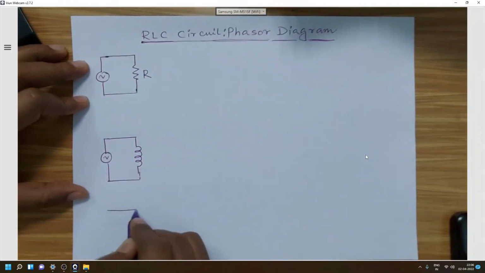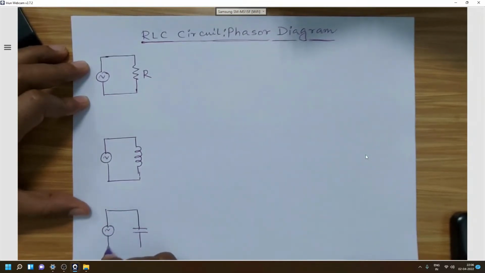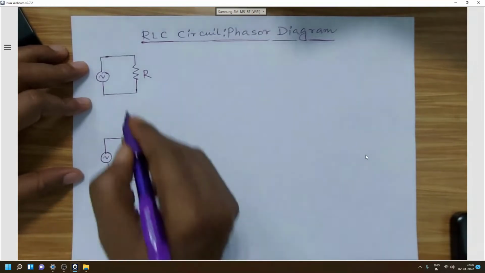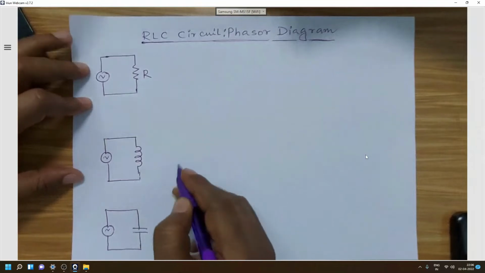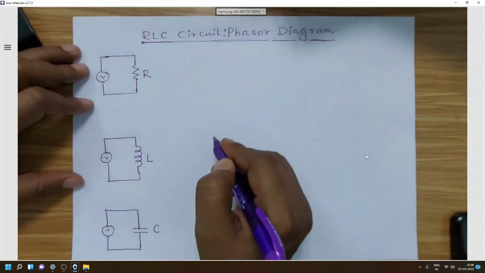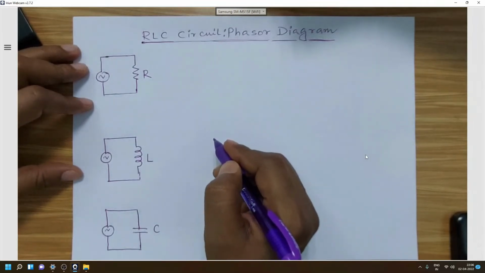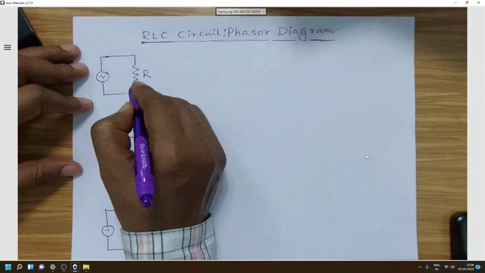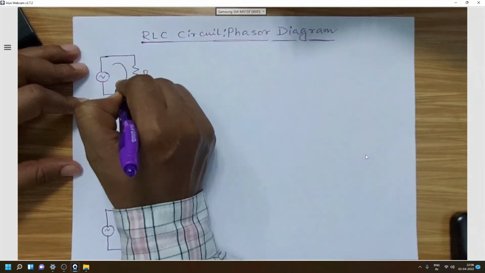And at last we will also consider one circuit where pure capacitance will be there, so there will be no resistive element or inductive element. And we will study the phasor diagram for these three distinguished circuits. So let us start with the pure resistive circuit.